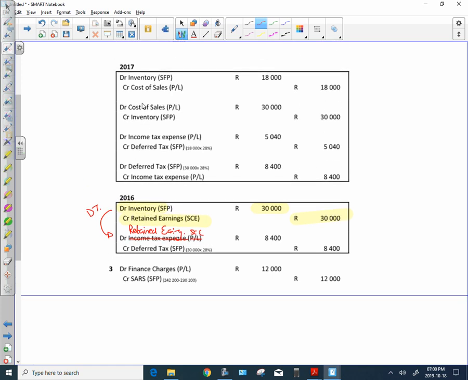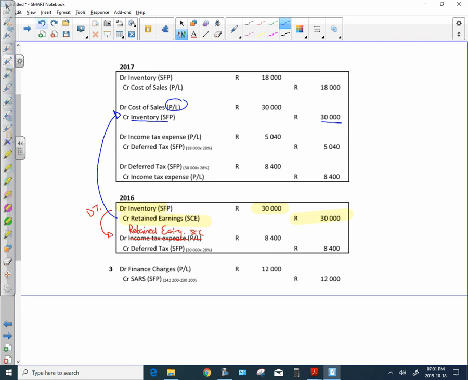First thing that needs to be done in 2017, because we said inventory is a rolling balance, is last year's journal needs to be reversed. Right, because that inventory would have been sold during that year. Is everybody with me? Okay. So, firstly, 2017, this journal is reversed by crediting inventory with 30,000 and debiting, this time, cost of sales, because we do have comparative figures for 2017.